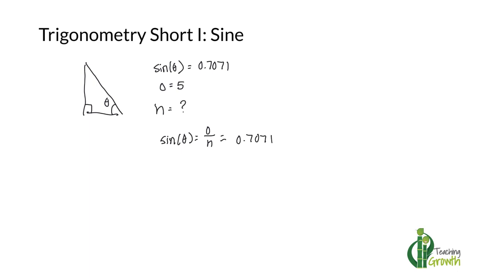And we also know that O equals 5, so we'll have 5 over h equals 0.7071. When we rearrange this equation and solve for h, I'll give you some time to do this on your calculator. I'm punching it in on mine as well. So it'll be 5 divided by 0.7071, and we'll be left with 7.07 units for the hypotenuse.